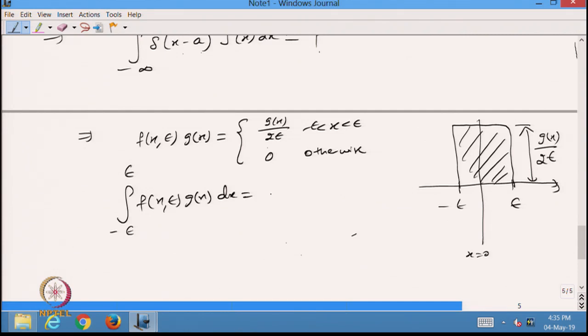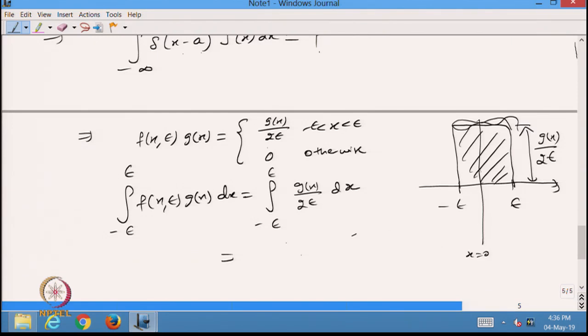We know that this function we have defined, so this value will be the integral of g(x) over 2 epsilon dx. Now, g(x) is a function. It can be of this type or this type, but it is a continuous function in the given domain, so it is an integrable function.